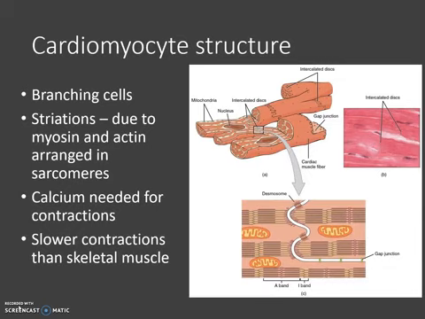Now, if we look at a cardiomyocyte underneath a microscope, first of all, the cells are branching. You see how this one looks kind of like an X shape? That X shape helps this cell to communicate with more than one cell around it.